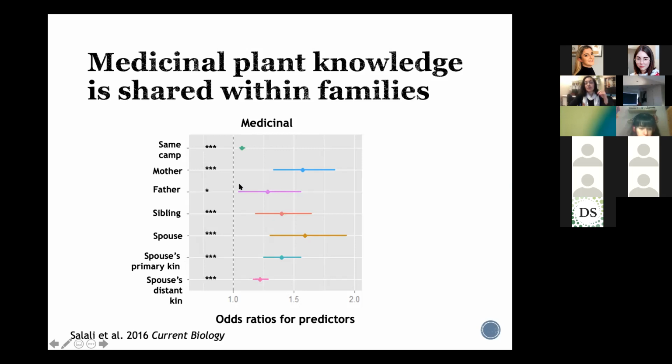This odds ratio shows the odds of two individuals sharing plant knowledge, so using the same plant for the same purpose. And an odds ratio above 1 means that that particular factor increases this probability. So I'm telling you this because I'm going to be talking about odds ratios in some other research as well.